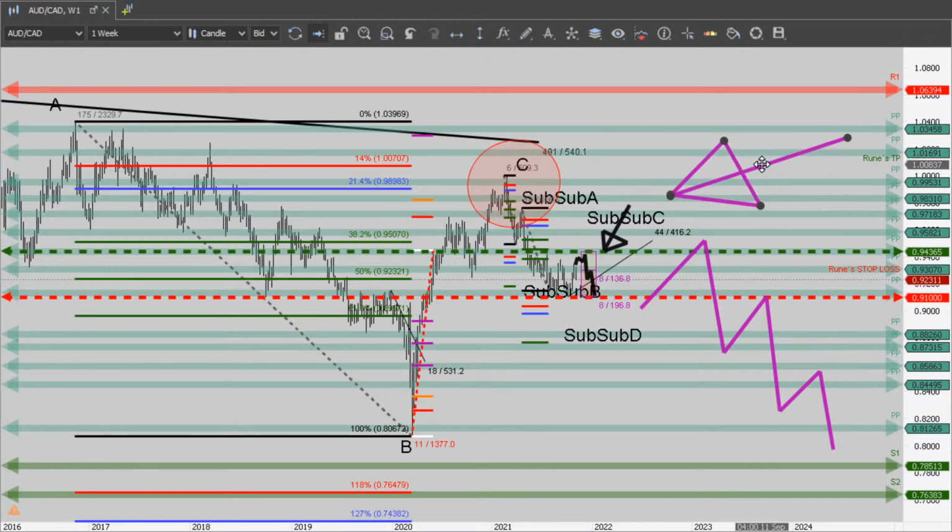Some of you are still confused, you know, oh, but I'm a scalper, or I'm a day trader, or I'm a swing trader. From the monthly and the weekly, nothing changes. Long on retracement, short on extensions, day traders, scalpers, swing traders, high probability trades.